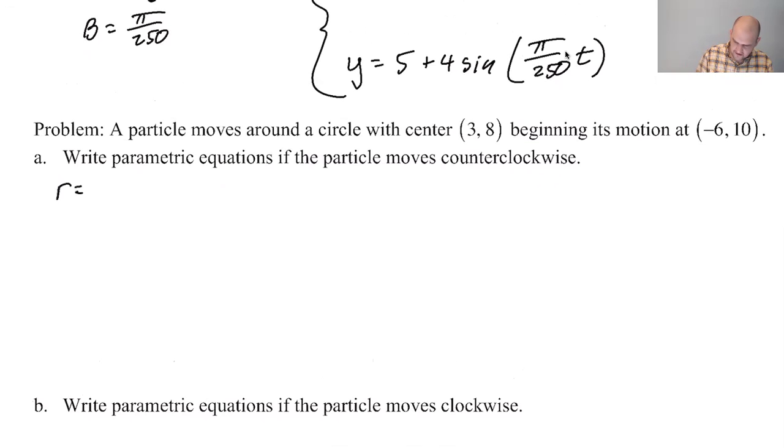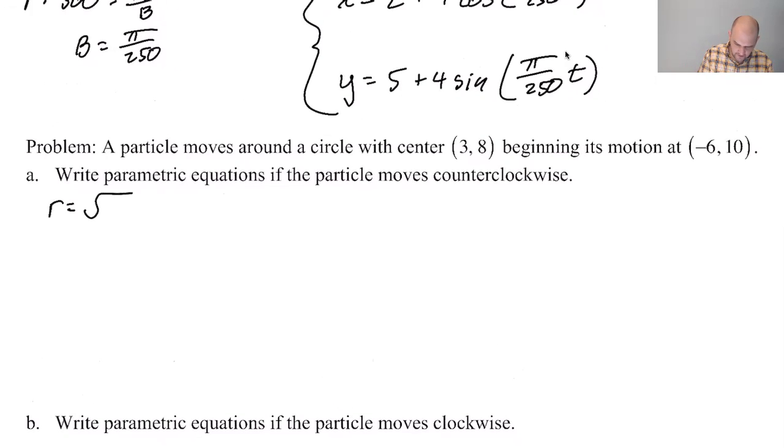The radius is the square root of (-6 minus 3) squared plus (10 minus 8) squared. So 9 squared plus 2 squared. So what are you? Radical 85, I guess. All right, so I think that's the radius. That's fine. We're just going to use that.